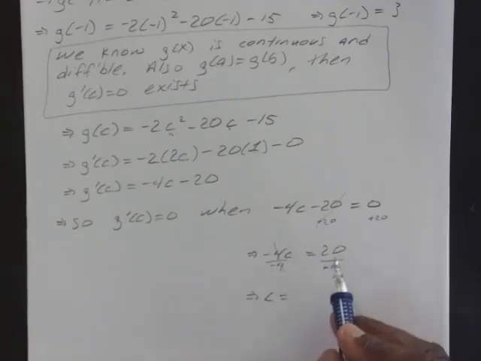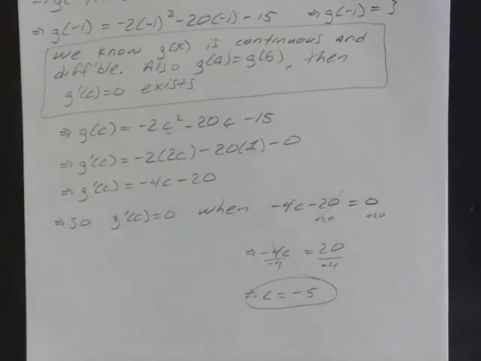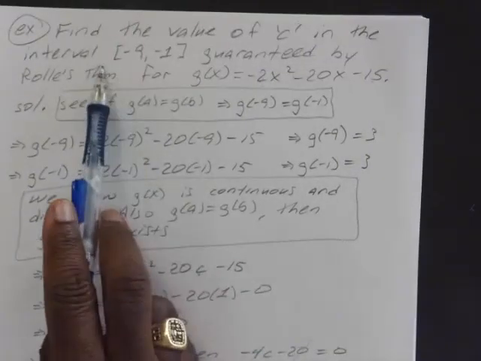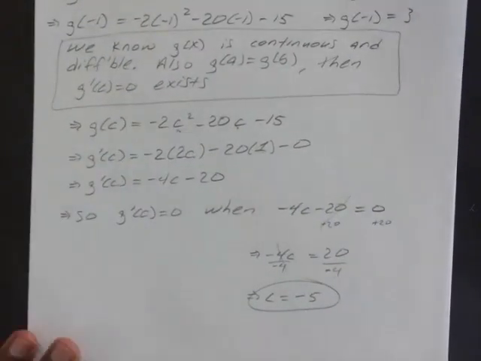So we have c is equal to 20 divided by -4, which is -5. So that's the value that's between -9 and -1 that proves that Rolle's theorem does apply to this problem.